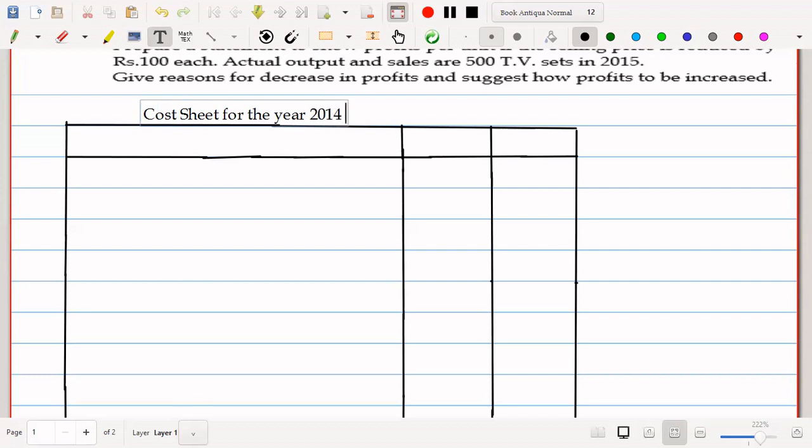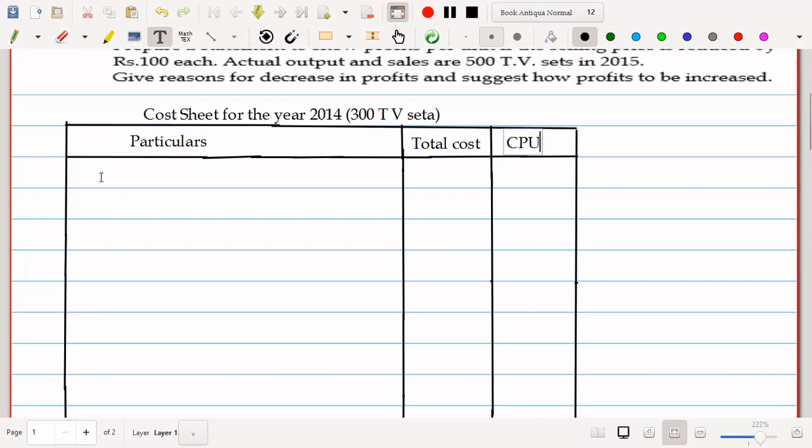And how many TV sets were produced here? 300 TV sets were produced. You have to write it on the top of this sheet. Now this is your particulars column, and this is your total cost column. And this is CPU, that is cost per unit.